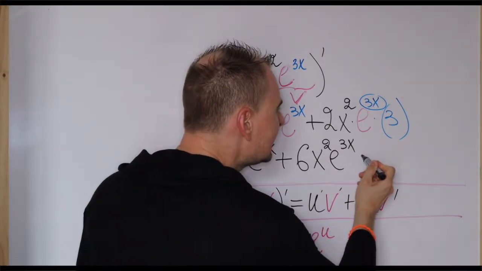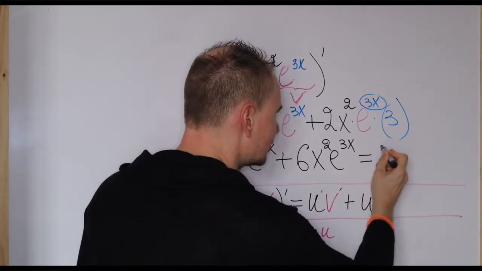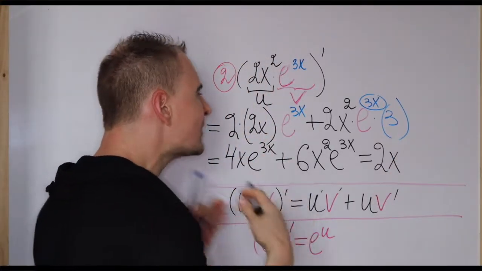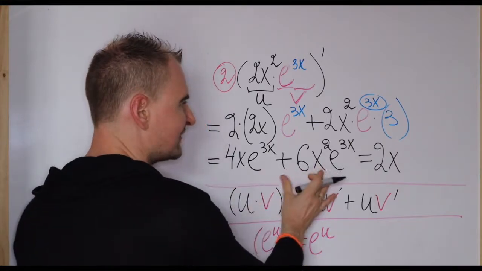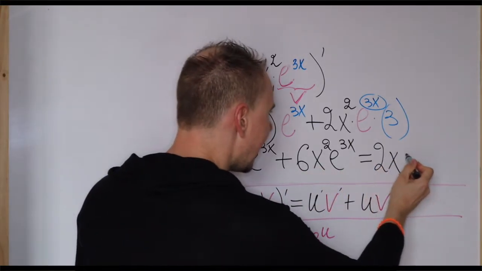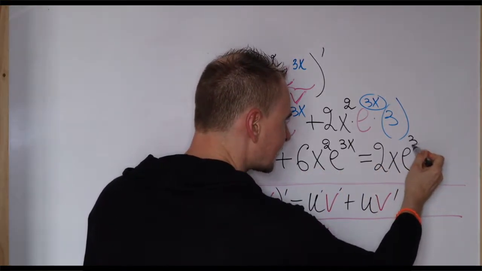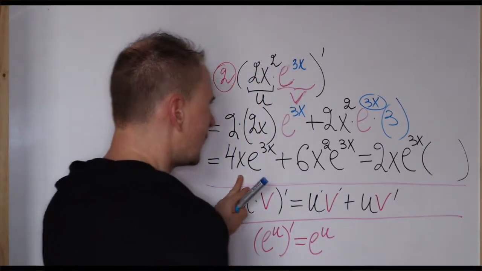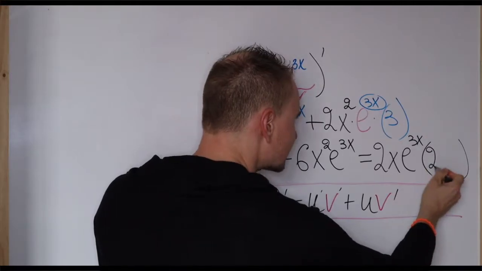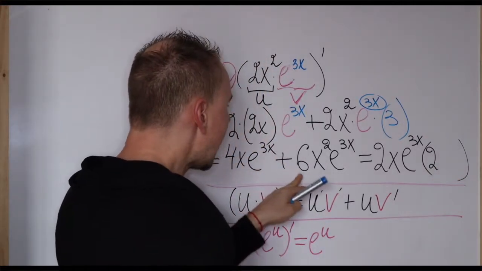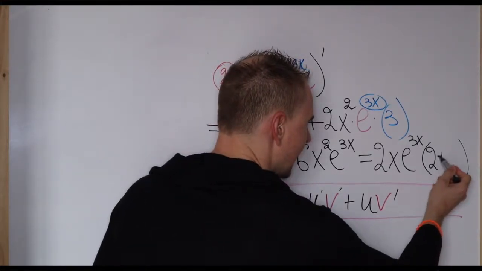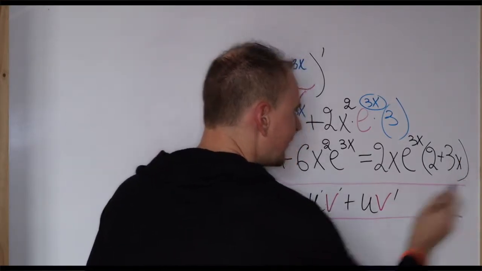So that would leave us with, again, 2x, since both coefficients are even and divisible by 2, and also e to the 3x, they're going out. So what's left over? You have 2 from the first term, and you have just plus 3x from the second term. And we're all done.